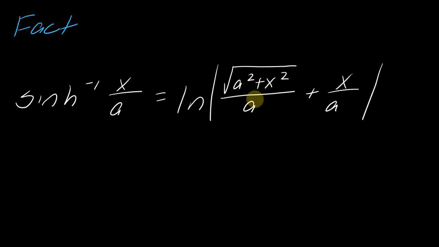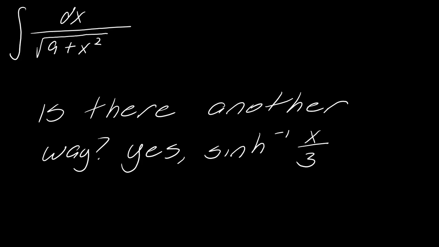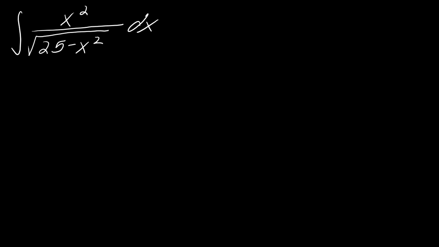So if this is the answer you use, that's all good. But technically you could have not used substitution for this one and just gone straight to the answer. That's something we want to think about as we work through a bunch of these problems, okay?